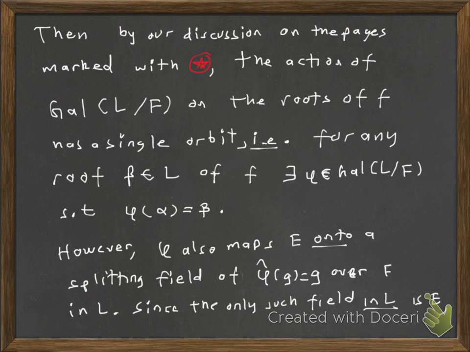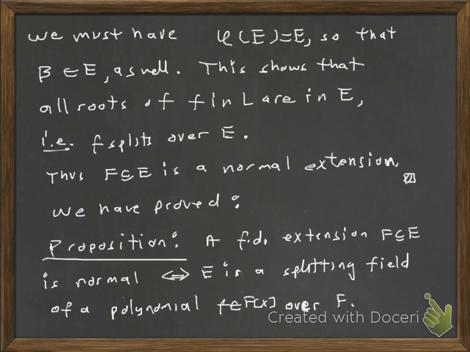Well, so this means what? This means we have inside L two splitting fields for the same polynomial, say g. But there can only be one. So we must have phi of E equal to E. That means the root beta must be contained in E as well.